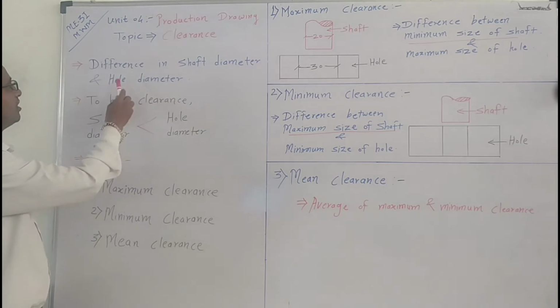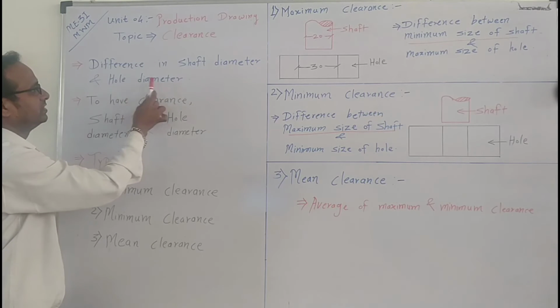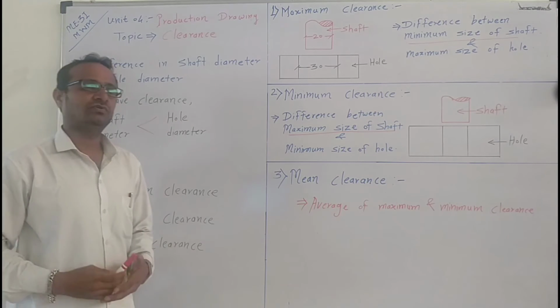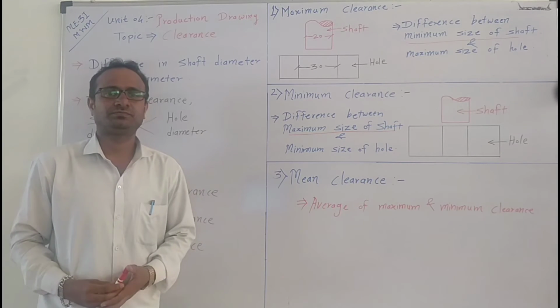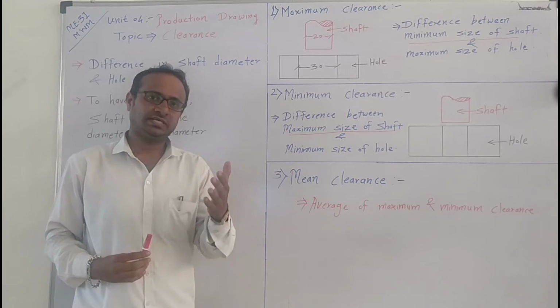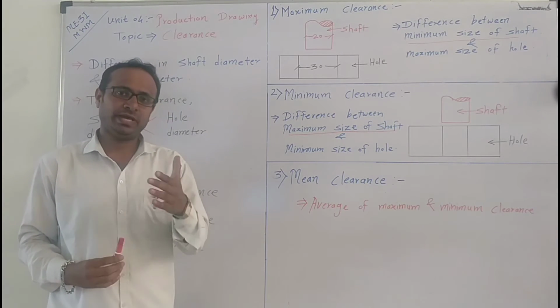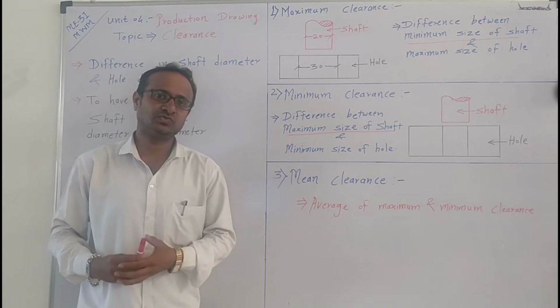The definition of clearance is the difference in shaft diameter and hole diameter. Now, why are we using the shaft and hole basis system? Because in industrial applications, in different engineering and mechanical applications, the shaft and hole basis system is widely used.